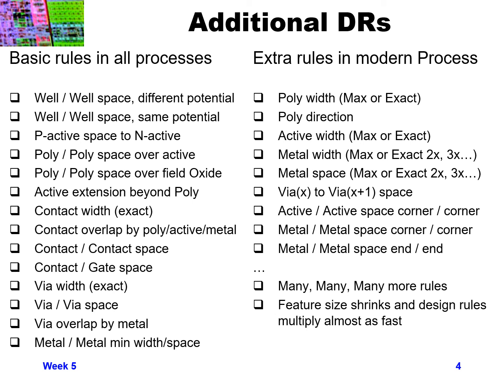Sometimes there can be issues with corners of active and metal layers, where instead of just a space to space for the straight lines, a corner to corner might be a different rule than a line to line.